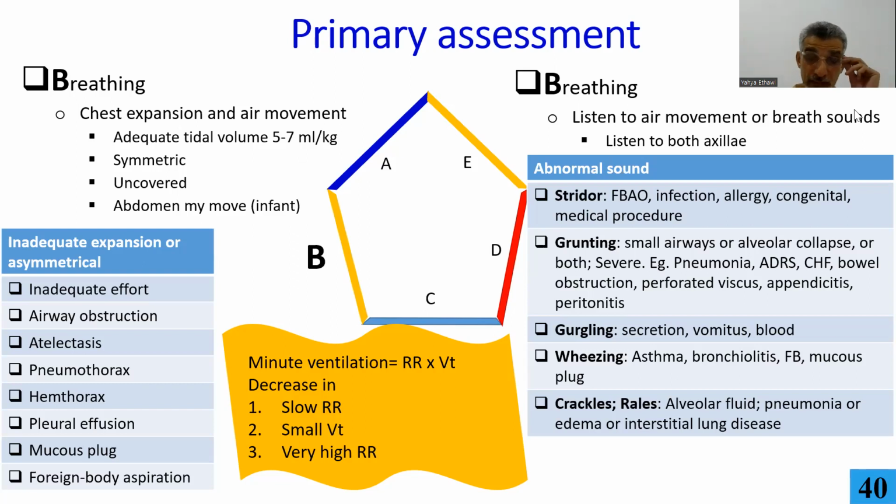Now, I want to tell you a fact, and you don't need to know it now, but you have to know it during ventilation. Volume is flow over time. What does that mean? If you want to inflate a balloon, you need time. So volume is flow times the time.